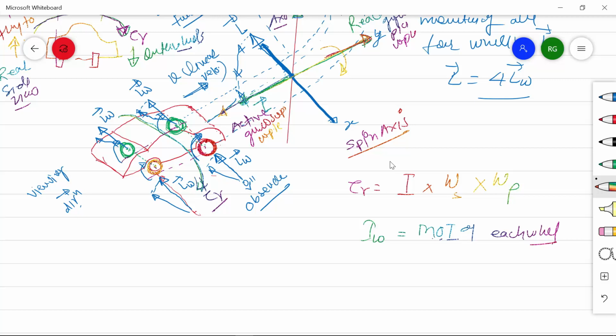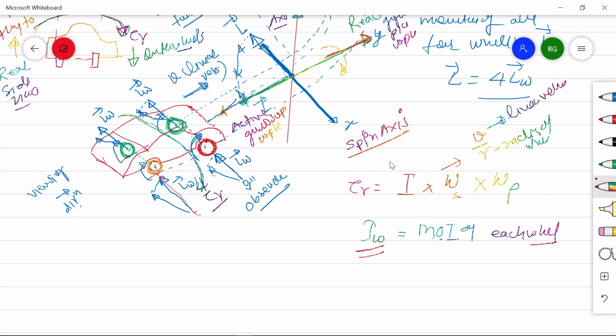So this I is 4 I w, because we have 4 wheels and each wheel has I w mass moment of inertia, and omega s is the spin velocity of wheel, which can be found using the linear velocity v and the radius of wheel. This is the radius of wheel and this is the linear velocity of vehicle.